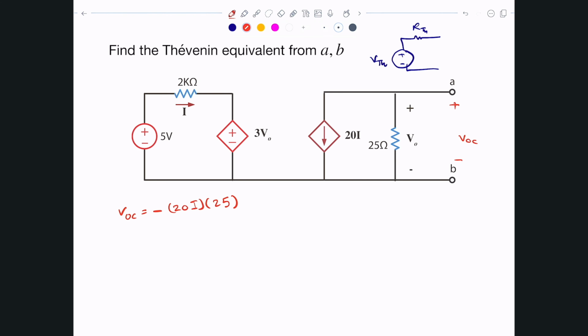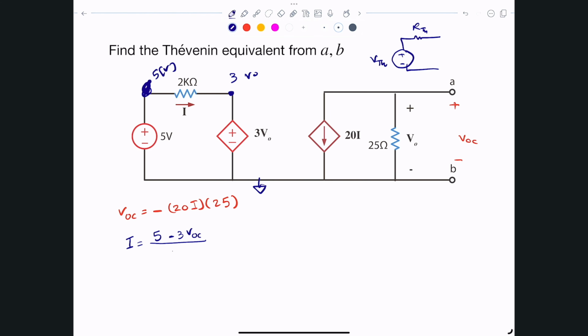The value of this I is simply the voltage difference across that 2 kilo ohms, and that voltage difference is 5 minus 3V open circuit, because this one here is 5 volts, and this one here is simply 3V naught if I put my reference in here.